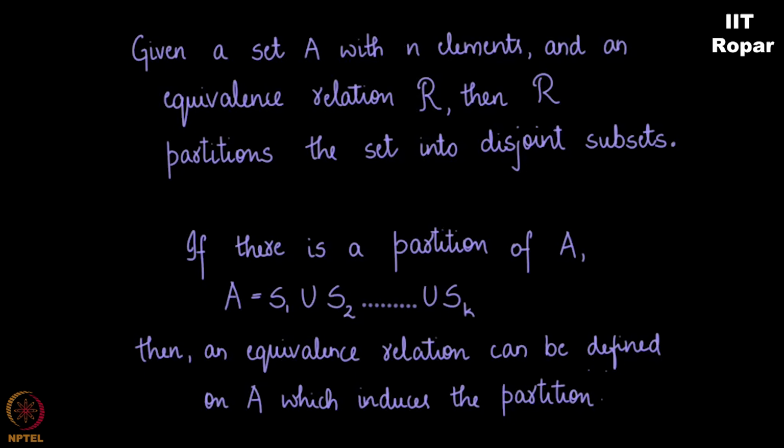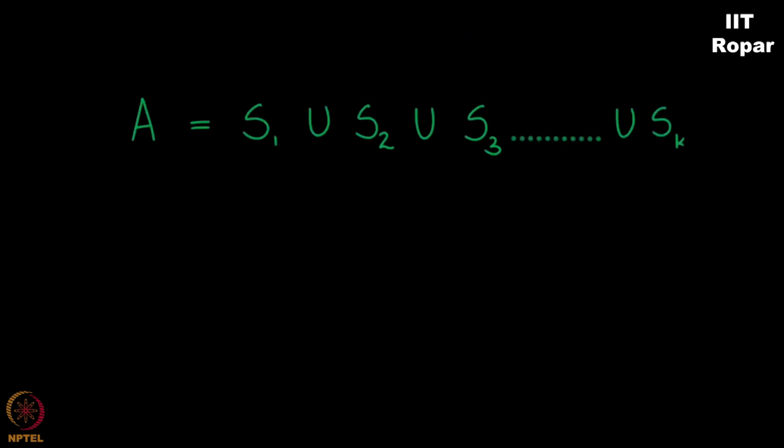The converse simply says, A is equal to S1, S2 up to Sk. You can actually define a relation R which is reflexive, symmetric and transitive, and hence an equivalence relation, which induces this partition. How do you do that? Very simple. First take S1 and define any two elements in S1 as related. Go to S2 and define any two elements in S2 as related.